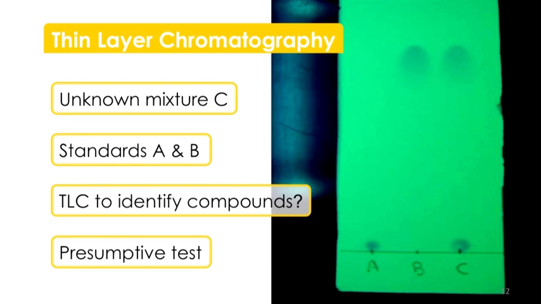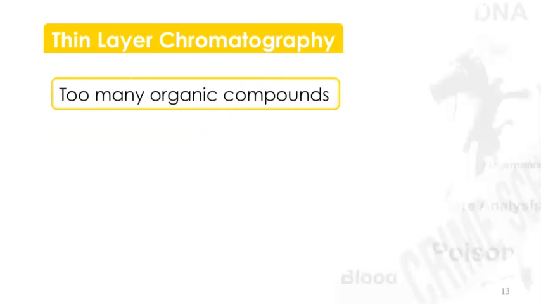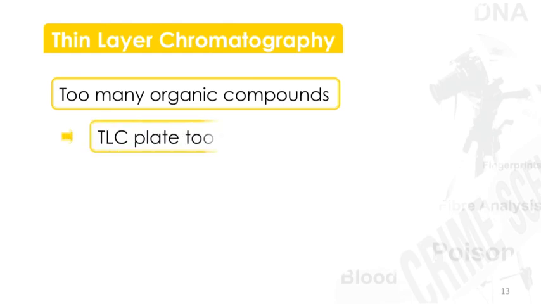Why is this? We are analyzing this mixture for its composition in terms of organic compounds. There are several million organic compounds that have been made, that have been described, that have been reported. Our TLC plate is only a few centimeters long.